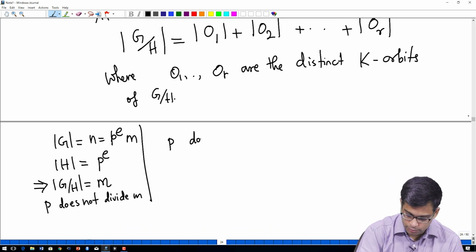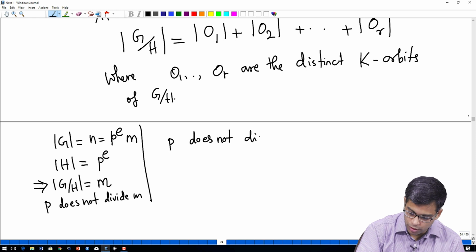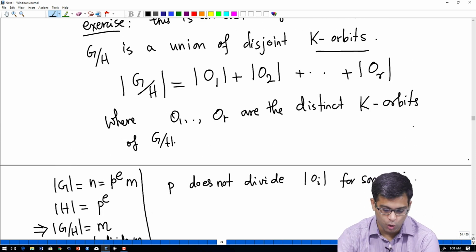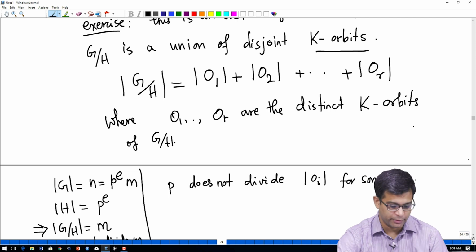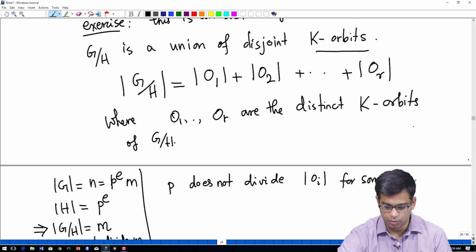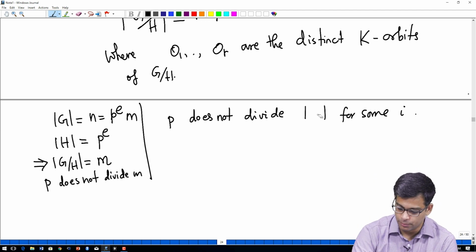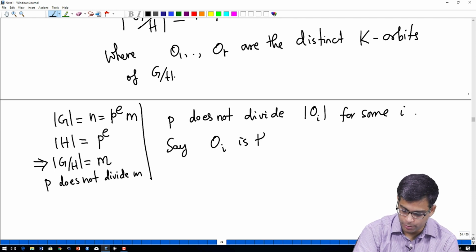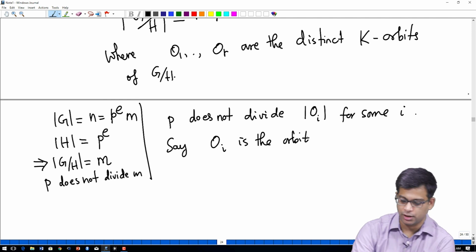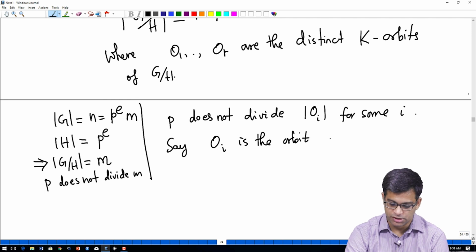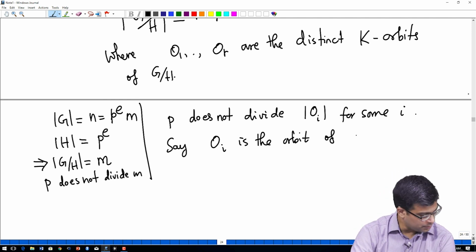P does not divide the order of OI for some I, because if P divides the order of each OI, then P divides the sum, which means P divides the order of G mod H, which is not possible. So, P does not divide the order of OI for some I. Remember what is OI? It is convenient to write it like O1, O2, O3, but they are all orbits of elements of G mod H. So, say OI is the orbit of some AH.